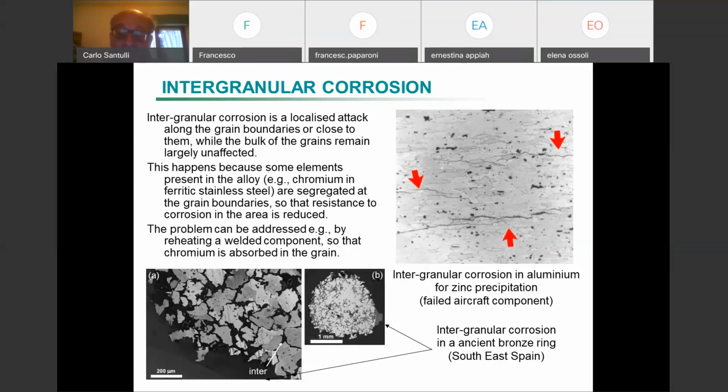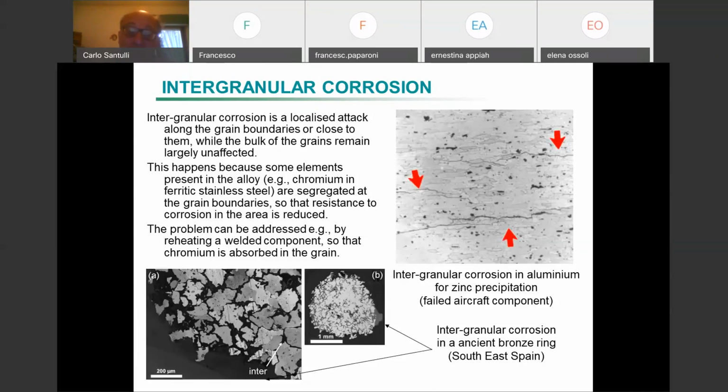And in that other case, this is an archaeological artifact, a ring in practical terms, and looking at the microscope, you have this fragment. You can see an intergranular corrosion. Again, you have tin in the case of the bronze, which has been disalloyed, intergranular.